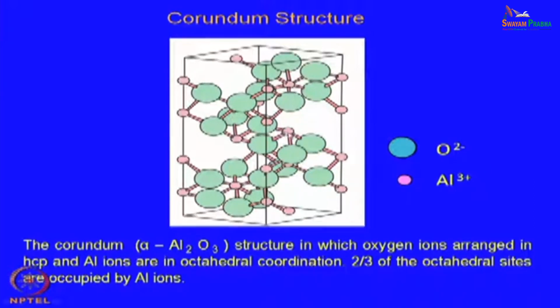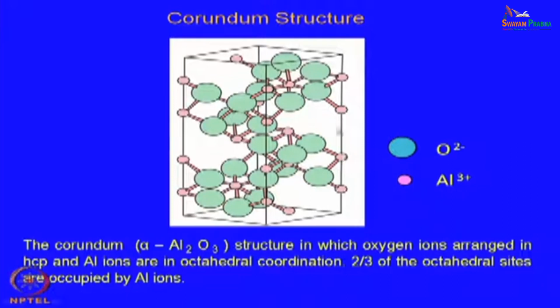So, all the aluminum ions which are shown here are actually surrounded by 6 oxygen ions. Now, these are also surrounded by 6 oxygen ions, but some of them belong to this unit cell, others belong to the neighboring unit cell.